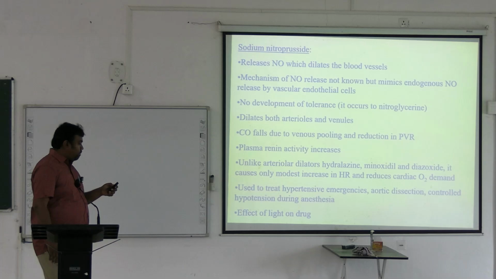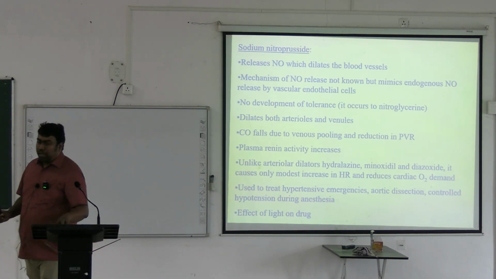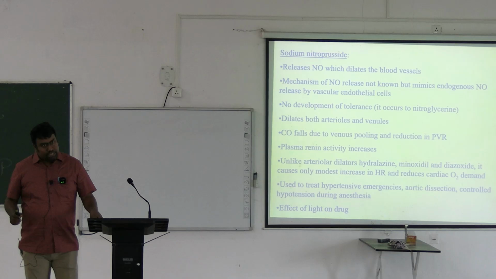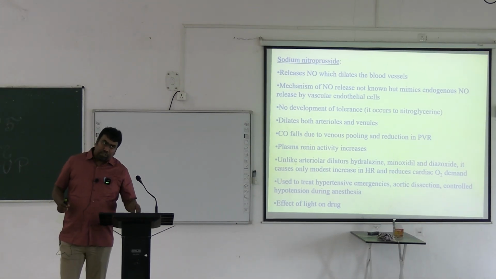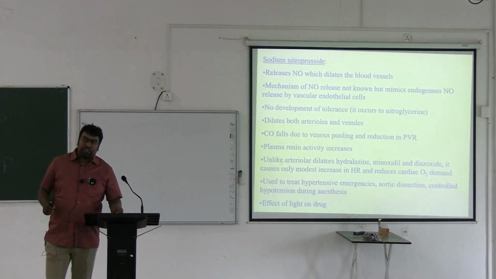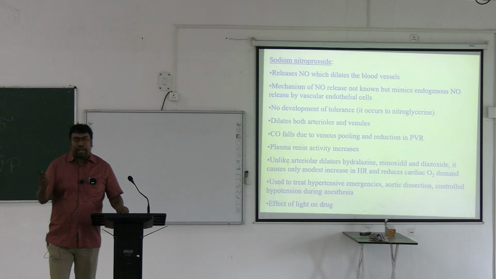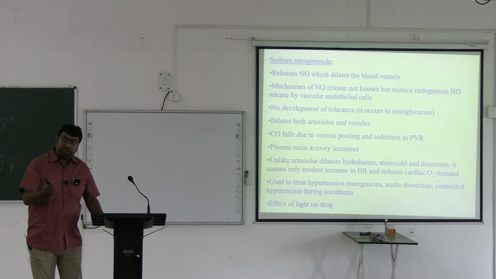Sodium nitroprusside is another important one. Sodium nitroprusside is used in hypertensive emergency. It dilates both artery and vein by releasing nitric oxide. Nitric oxide is released from where? From the endothelium. It acts where?